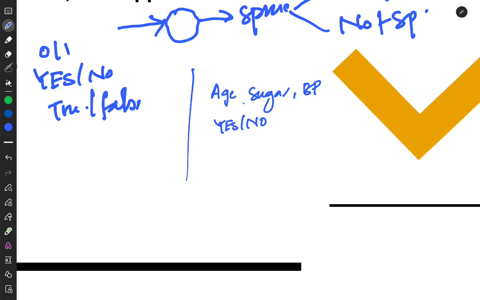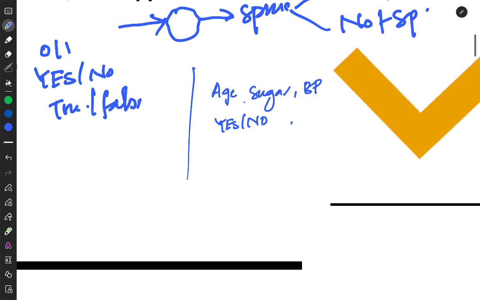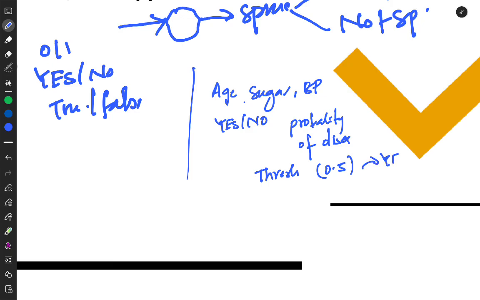Here logistic regression gives us a probability of disease. Then we decide, we put a threshold. If the probability exceeds 0.5, suppose 0.5, then you put it into the category of yes, that the person has diabetes.